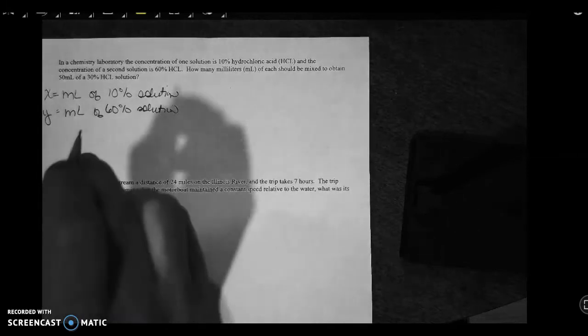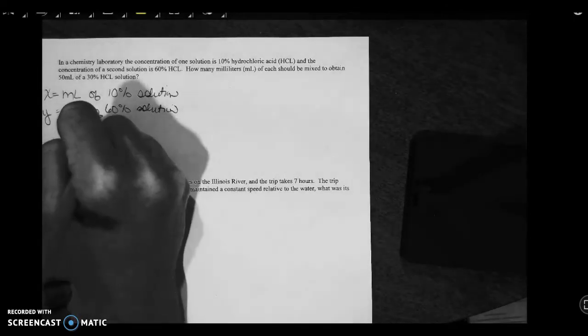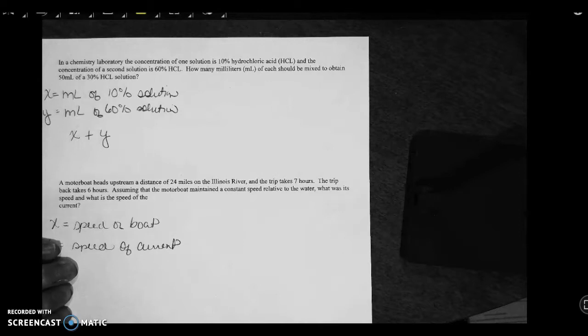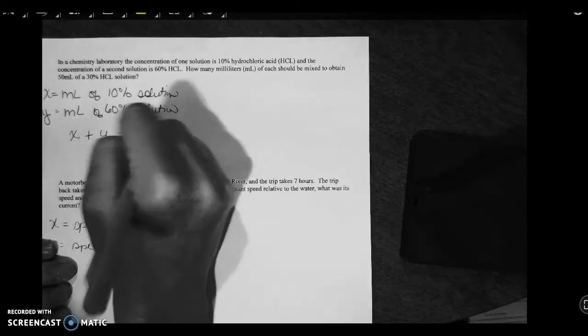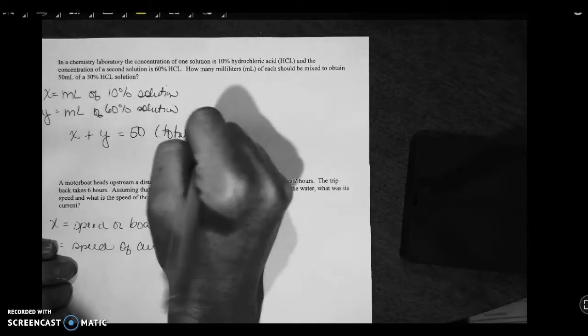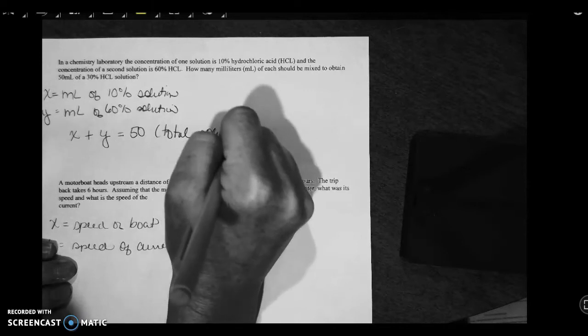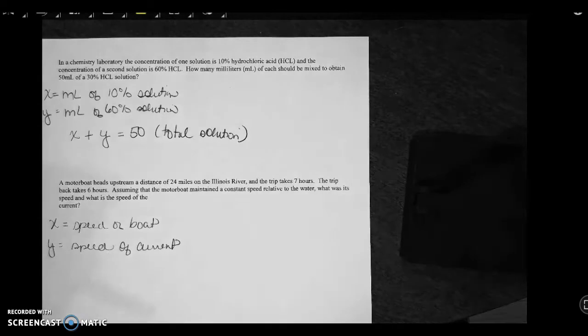So I know one of my equations will be the amount in one bottle plus the amount in the other container has to equal, and when I mix them together, I need 50 milliliters. So this is your total solution. That's an equation for total solution.